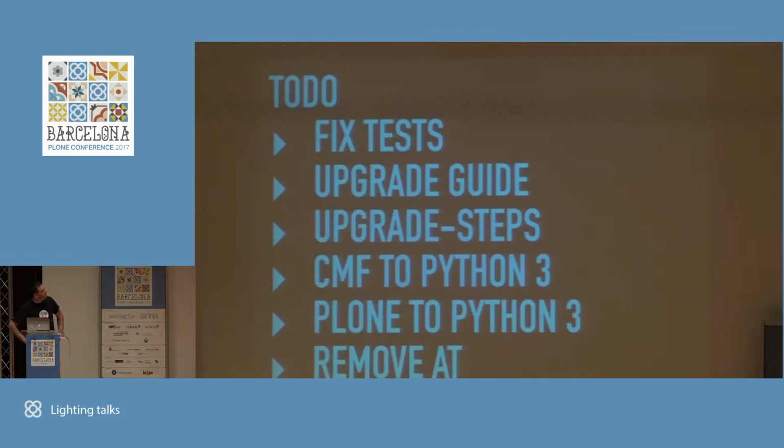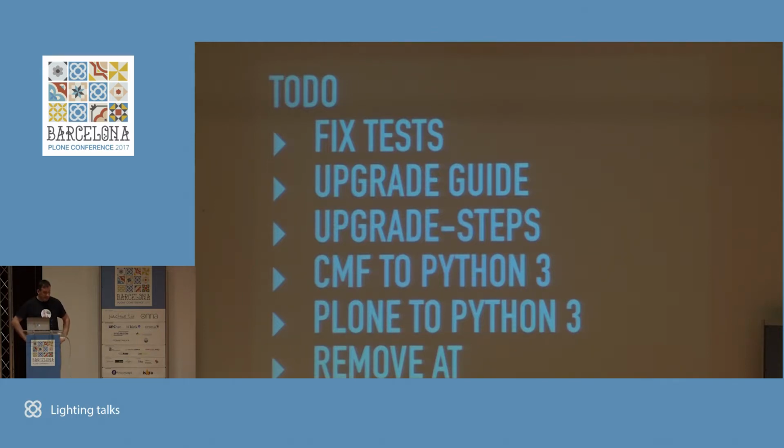There's a couple of to-dos. Fixing tests. David did an excellent job. He basically spent the whole conference fixing the tests that I broke by pulling in CMF master. Sorry for that, but I think we really need it. We need to write an upgrade guide for developers, upgrade steps for the database itself. We need to then port CMF to Python 3 and then Plone to Python 3, and we'll start working on that during the sprint.